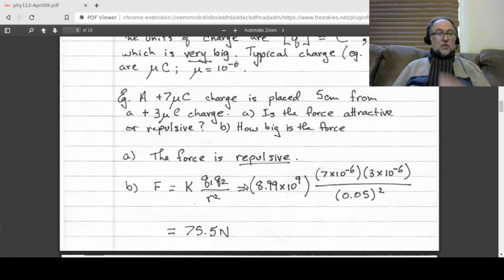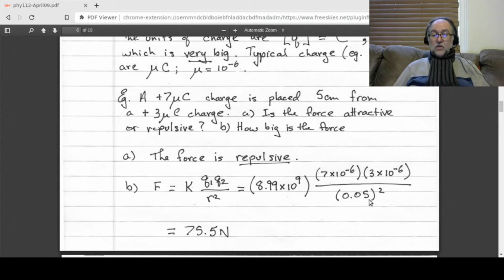I wouldn't try to put signs inside of Coulomb's law. What I would do is, just by looking at the signs of the two charges, determine whether it's attractive or repulsive. Now, how big is the force? In other words, what's its magnitude? So F is equal to K Q1 Q2 over R squared. Here's Coulomb's law, and here is the first charge, 7 microcoulombs, so that's 7 times 10 to the minus 6 coulombs, and then 3 times 10 to the minus 6 coulombs, divided by 5 centimeters.